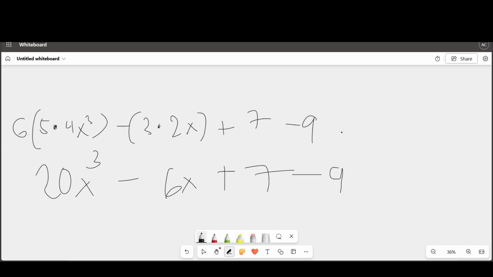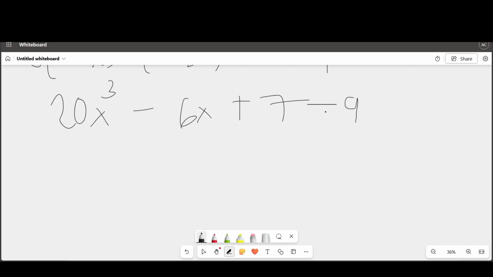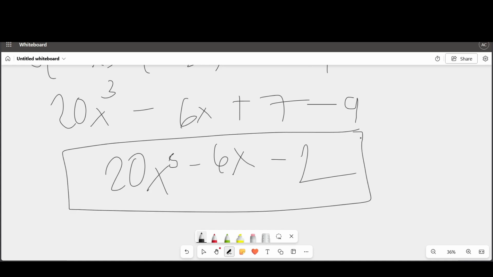We combine the like terms, it's going to be 20x cubed minus 6x minus 2. I believe that's going to be the final answer.